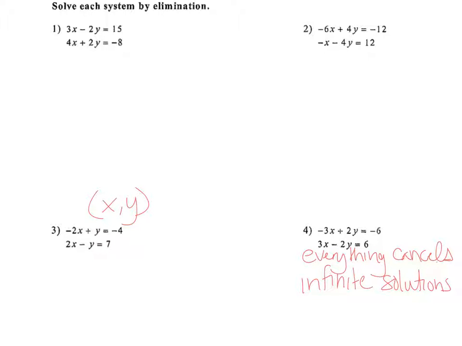Okay? On number 3, only the x and the y are going to cancel. That means that the lines are parallel, by the way. That's called no solution, because you have no variable.